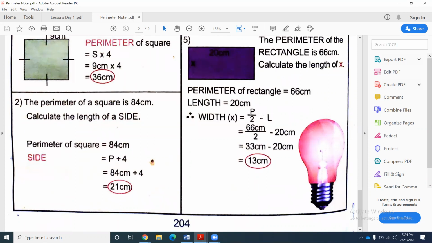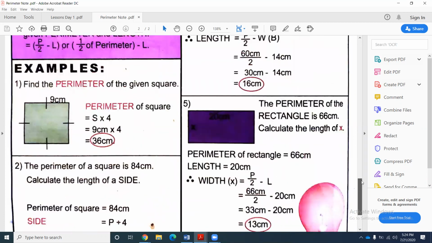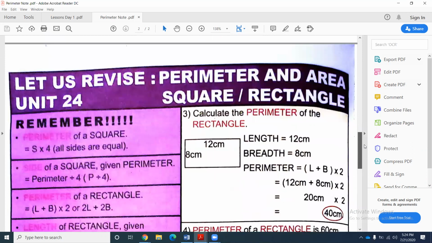These two formulas are the same thing. Now do not get confused by P over 2. It means divide. If I put a number over 2, I am dividing by 2. Those would be the concepts with regards to the first sets of perimeter.